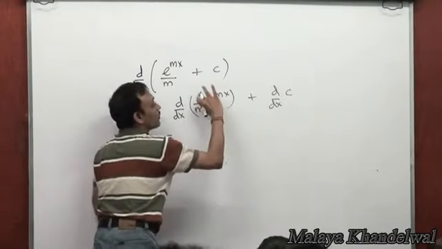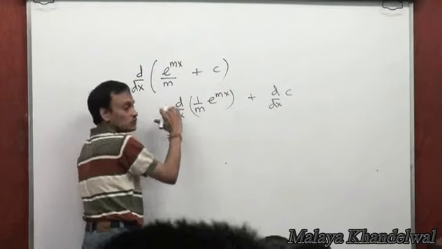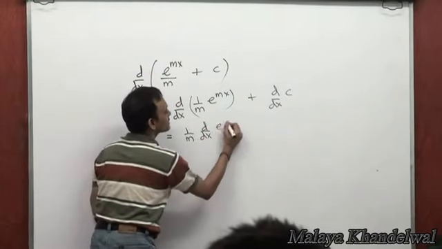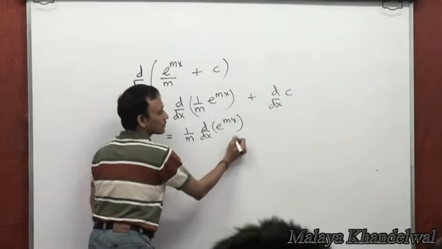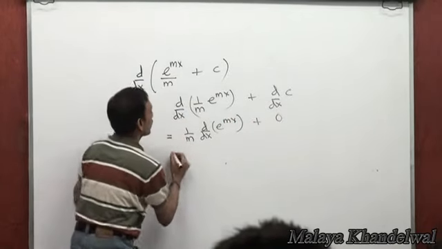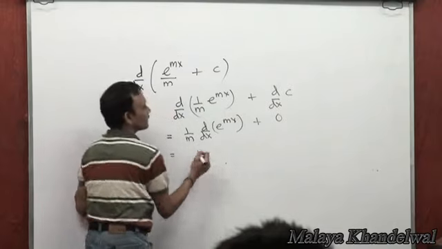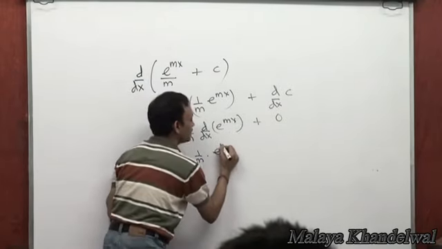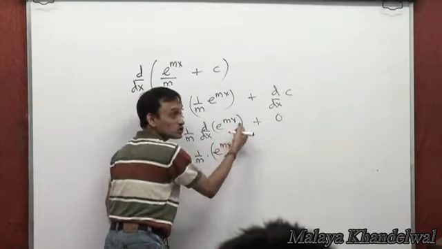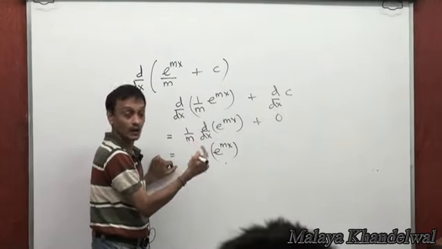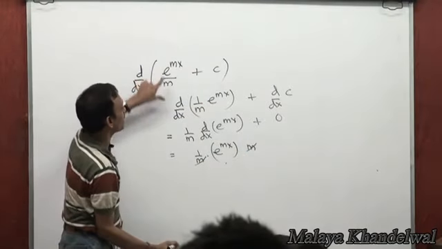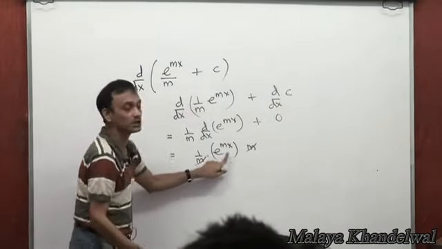The 1 by m scoops out, so 1 by m d/dx of e power mx plus 0. Now go from outside to inside. The outermost e power will give me e power, and then mx with respect to x will give me m.